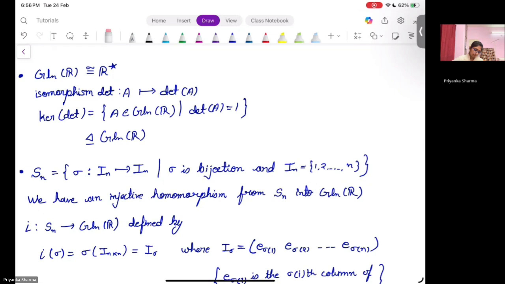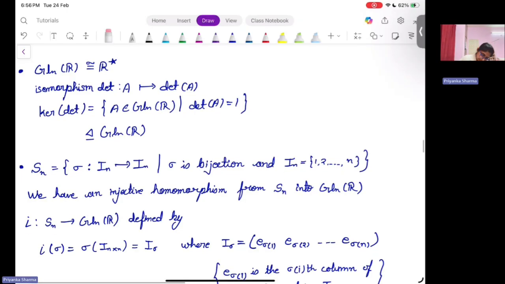Now, we can see that between these two groups, GL_n(R) and R star, we can have a homomorphism, and we define it by determinant.